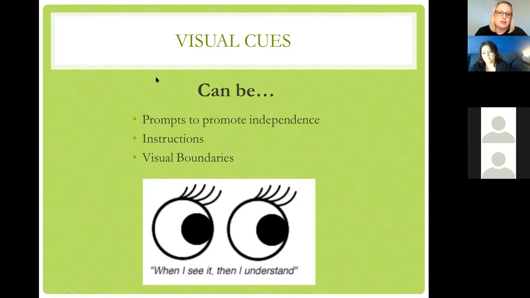I really like that picture down there when it says, "When I see it, then I understand." There's a quote, and I'm not going to think of it right now, that somehow goes, if you model it, if you show me, then I'm going to better understand that. And so that's why visual cues can be really important.